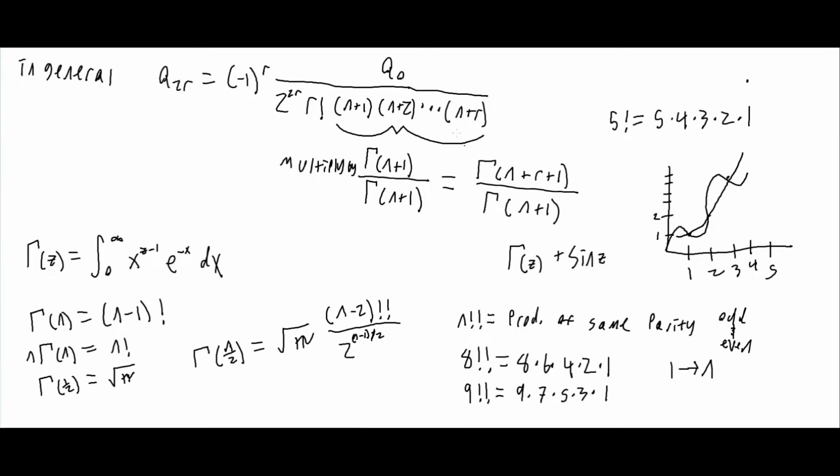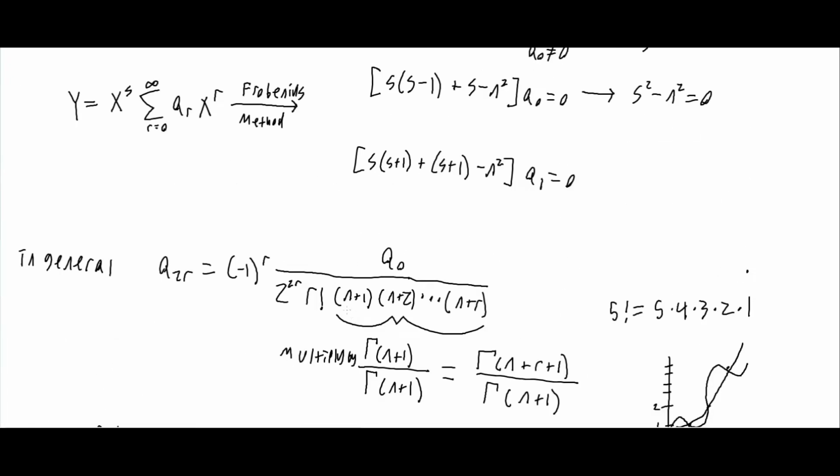And so essentially what we're doing is, if we take all this and multiply it by this gamma function, so the gamma function of n plus 1 is going to be equal to n. And so, well, over here, the n plus 1 is r. But anyway, all of this kind of gets absorbed into the numerator gamma function up here, so that it goes from n plus 1 to n plus r plus 1.